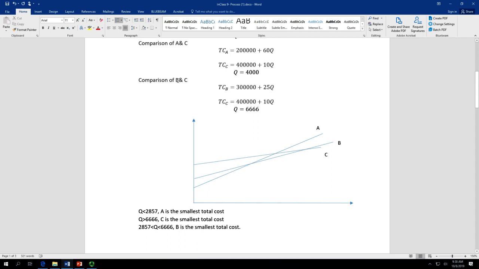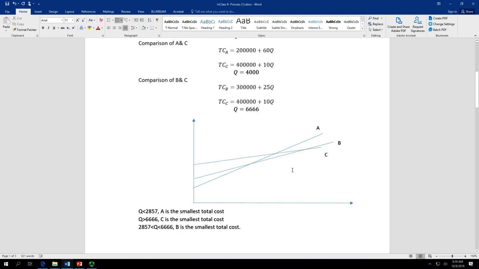So for comparison B and C, you can draw the line to show, okay, this is 6, 6, 6, 6. And then it can give us the range. When your quantity level is less than 2857, you are going to pick A. A is the smallest total cost.